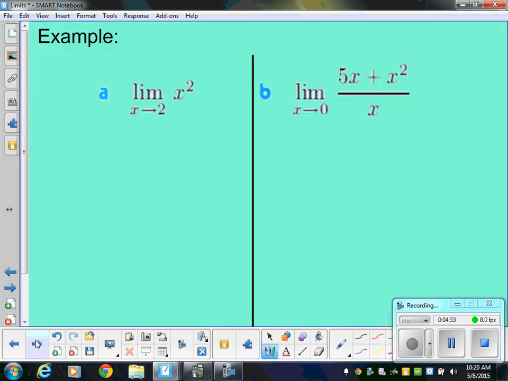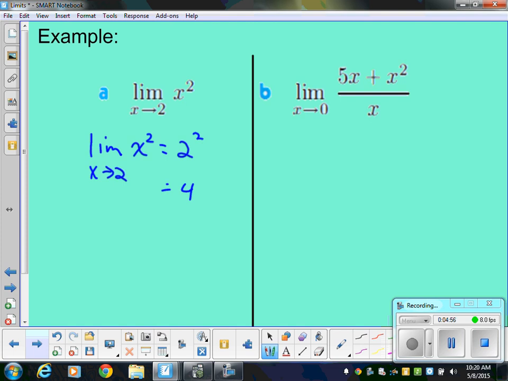Here are the same types of problems. So definite limits: we can find the definite limit. We simply plug 2 into the function x squared. When x approaches 2, I put in 2 squared, the limit of x squared as x approaches 2. I put 2 in there, and therefore the limit is 4.